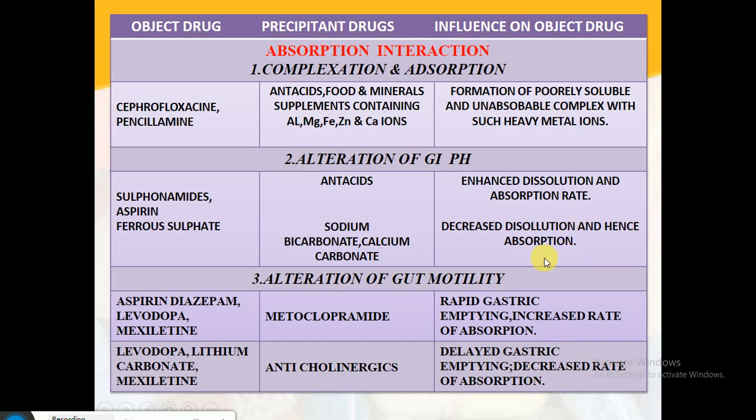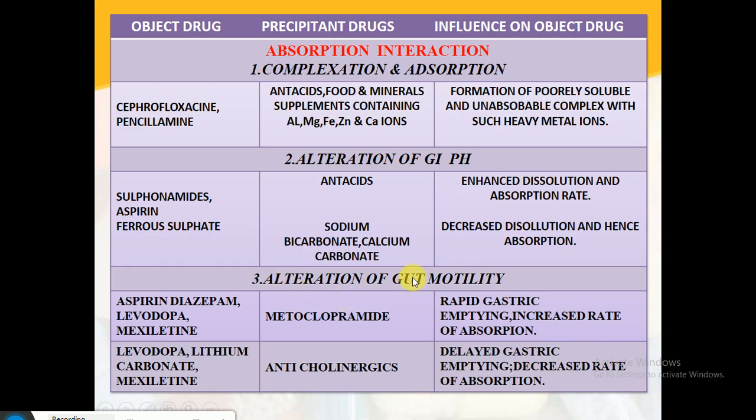So it may directly affect the dissolution rate of the drug. When the dissolution rate or absorption rate of the drug decreases, definitely the bioavailability of the drug will be affected. In the next classes, inshallah, I will explain bioavailability, bioequivalence, and therapeutic equivalence.